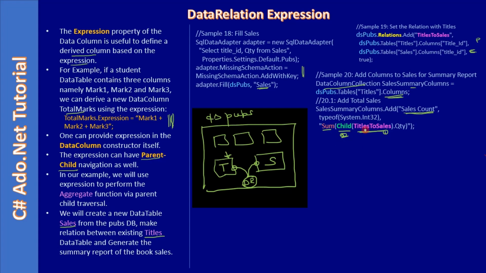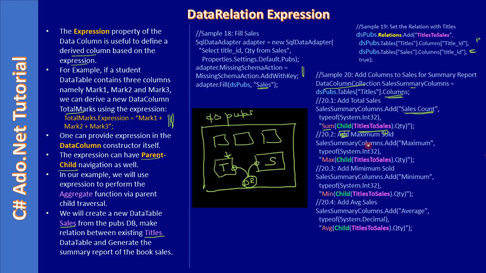From the title table it will pick one row, then child of title gives multiple rows; all the sales rows will be retrieved using child of title to sales. Then dot quantity, so we pick only the quantity column and apply the aggregate. So that's how we formed the new column sales count.